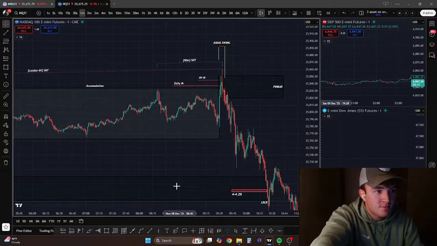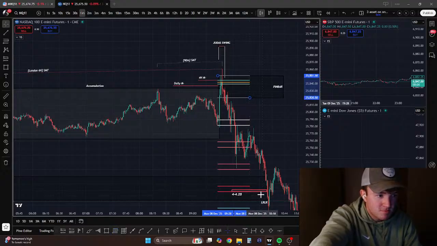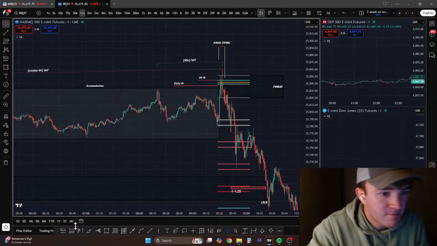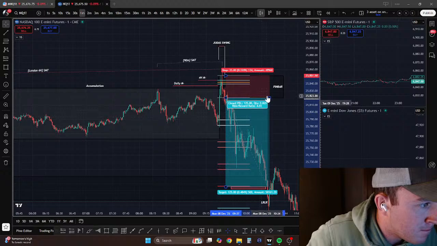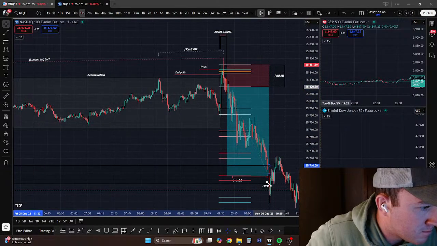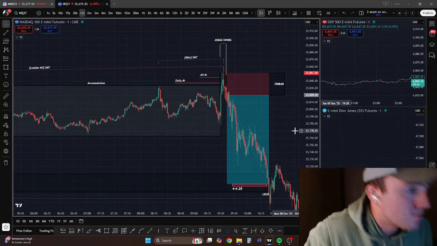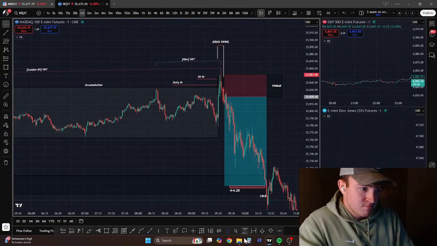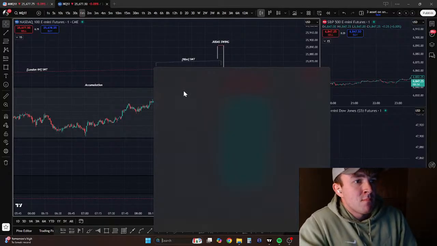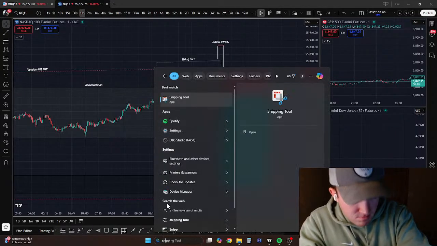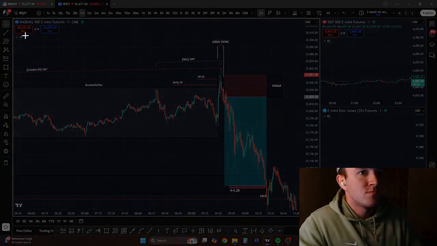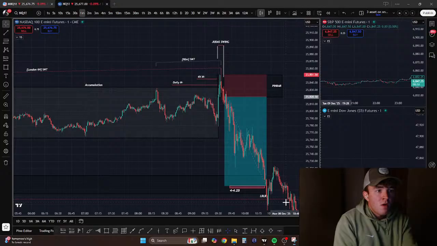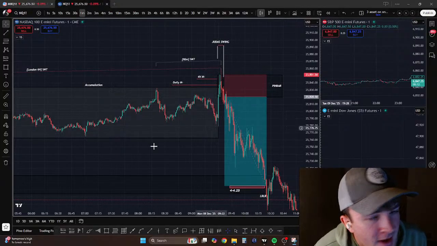Once we get this closed beneath, we just pop in at that retest. I guess you could also use the higher red one.